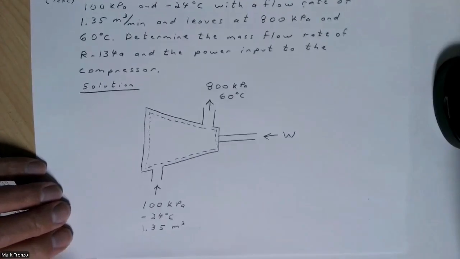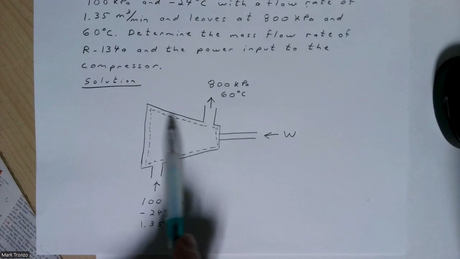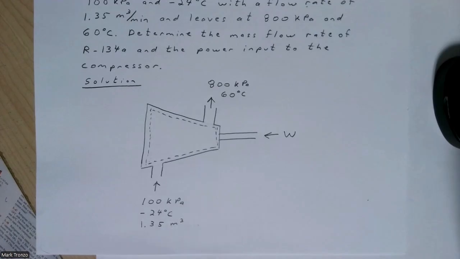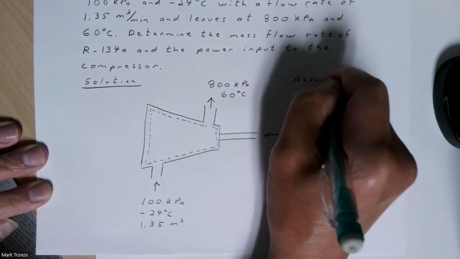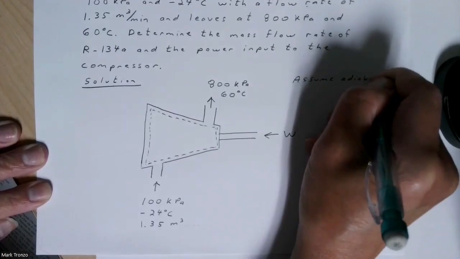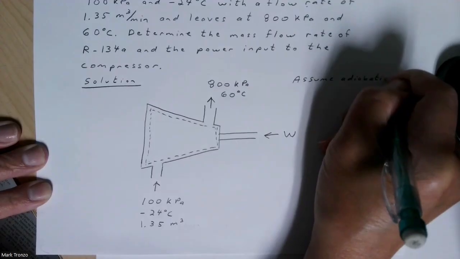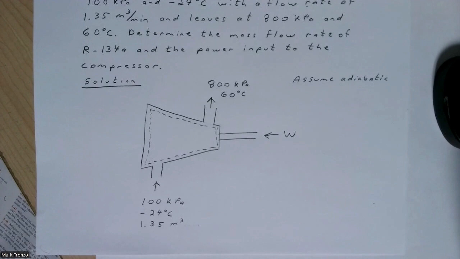We have a picture something like this. This is our compressor, and this will be our control volume, or our system, with what is within the dotted lines. And now we are not told anything about heat transfer, so we can assume it's adiabatic, which is a reasonable assumption.